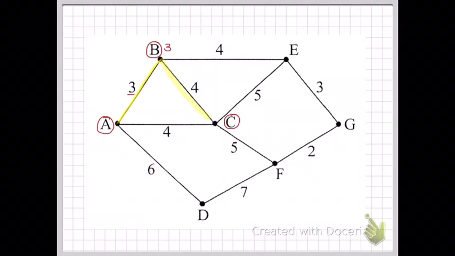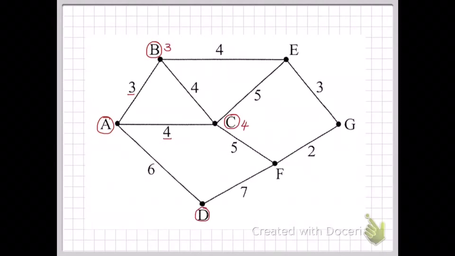But I hope you can see here that all I need to do is look at this 3 and add the 4 to that, because I've already written the number of the shortest path to B. Once again, the direct path will be the shortest route, so I underline the 4 to show that I've selected that arc, and now I write that number next to the C, and C is now online.